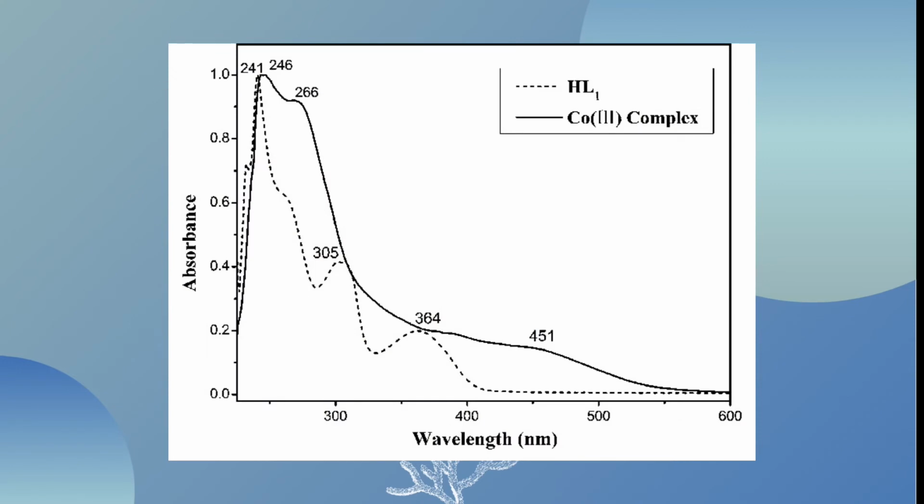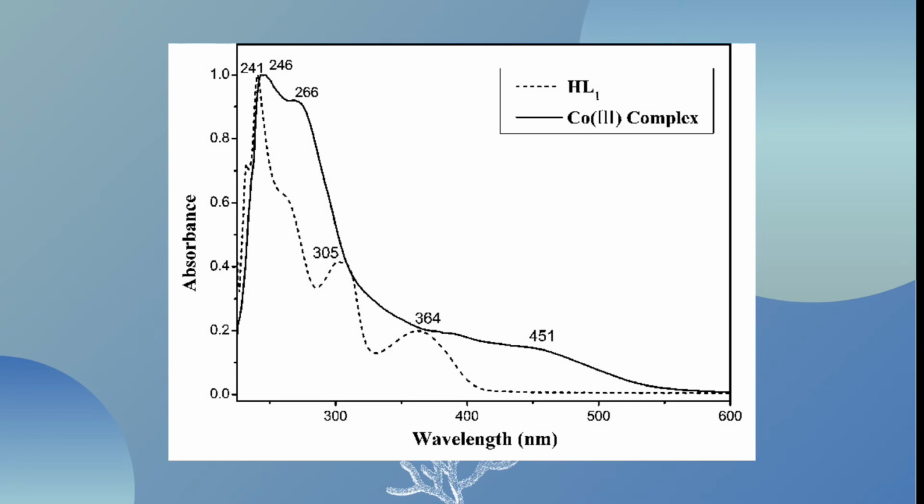For UV-vis absorption spectra, I will explain the UV-vis absorption spectra of HL1 and the cobalt-3 complex. The samples were determined in 5 × 10⁻⁵ mol per liter HL1 in CH2Cl2 solution. Absorptions of the cobalt-3 complex were obviously different from those of HL1 as shown in the figure.